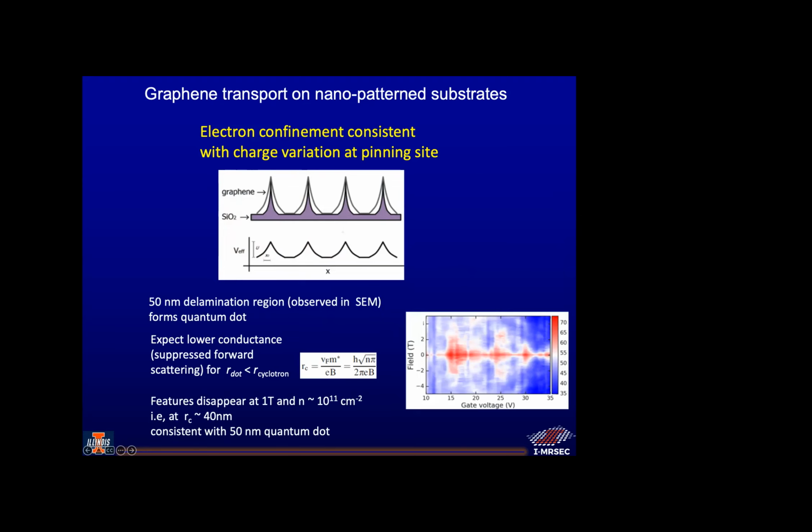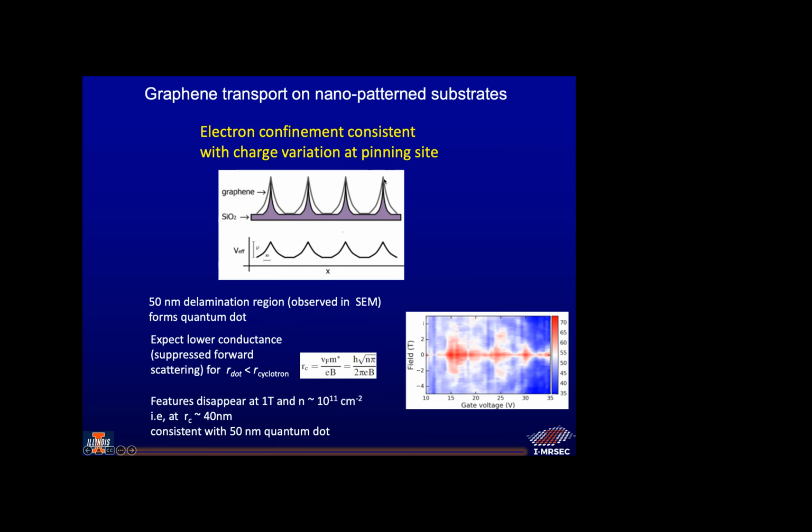And in this case, if the dots are smaller than the typical cyclotron radius, then we expect to have suppressed scattering and suppressed conductance. And so this is at least consistent with what we see, that it could just be confinement due to these delamination regions and the crossover between suppressed forward scattering and the cyclotron radius.